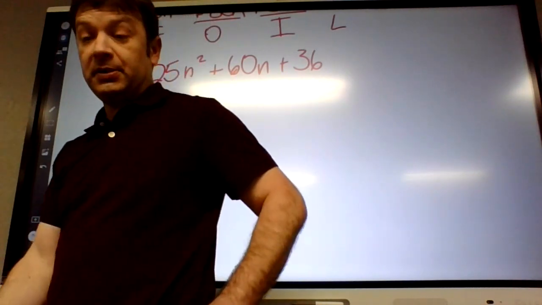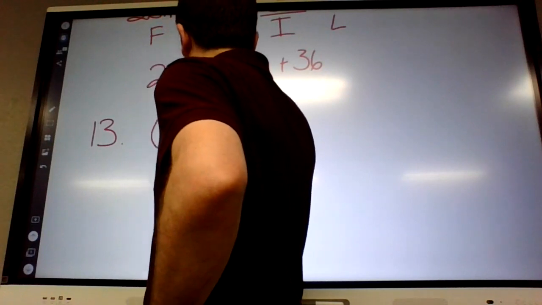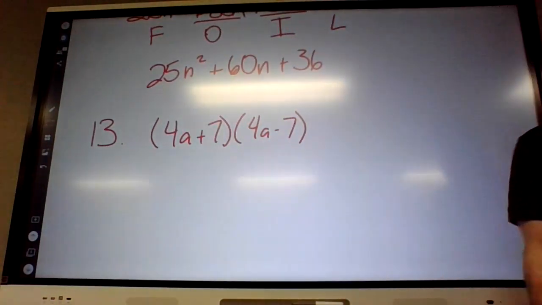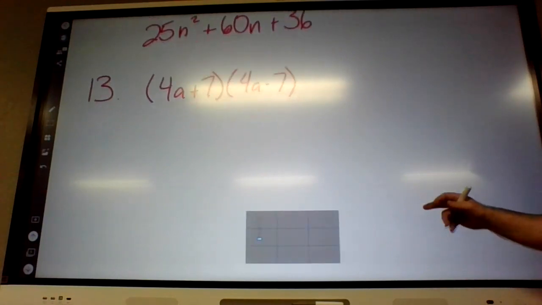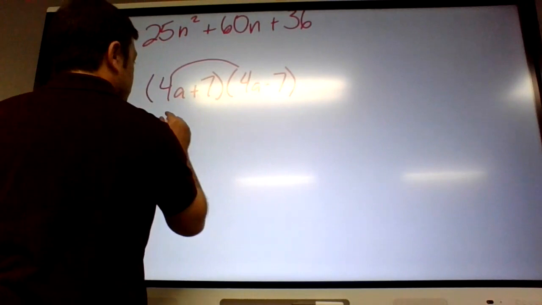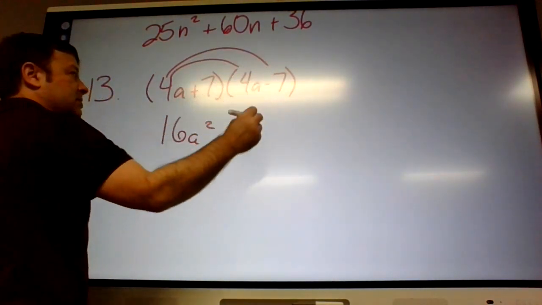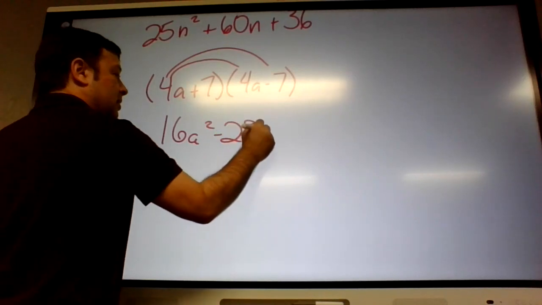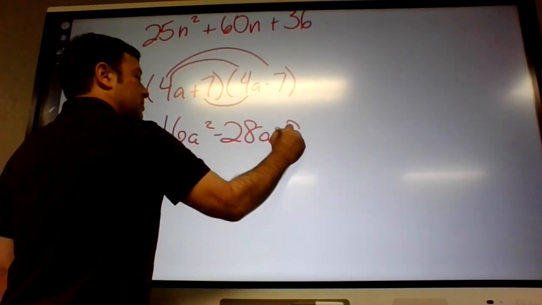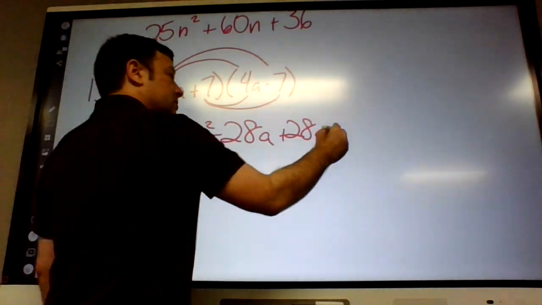Okay, 13. You guys remember what happened on problem 13? Okay, Hank, what do we do? You multiply 4 times 4, and then it'd be 16a squared, and then it'd be minus 28a, and then it'd be plus 28a, and then it'd be minus 49.